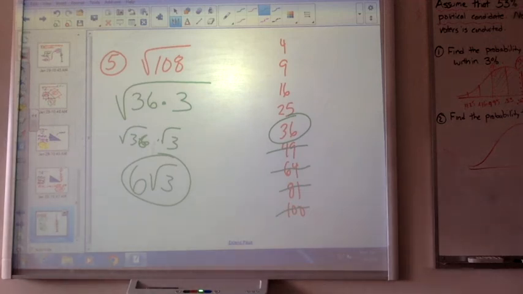If your mind is seeing it that way, please keep doing it that way. Absolutely. Whatever number is able to be made a perfect square, and then the other one doesn't, you multiply together.